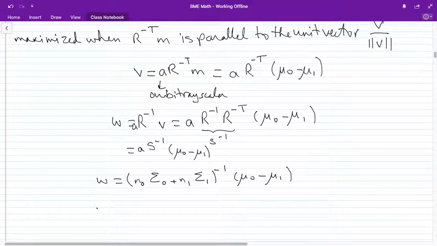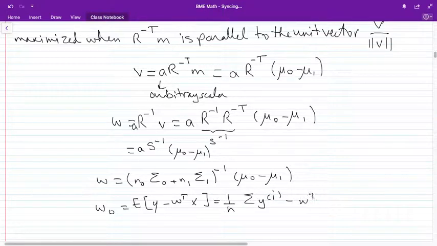And the other thing that you need is W0, which is just the expected value of y minus W transpose of x, which is in this case W. So your model had a vector W and scalar W0. Here's how you find it to maximize the distance between the two classes.